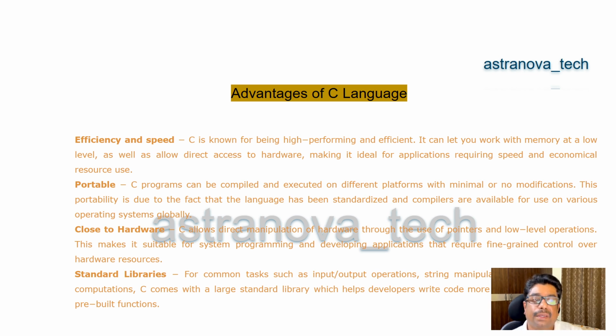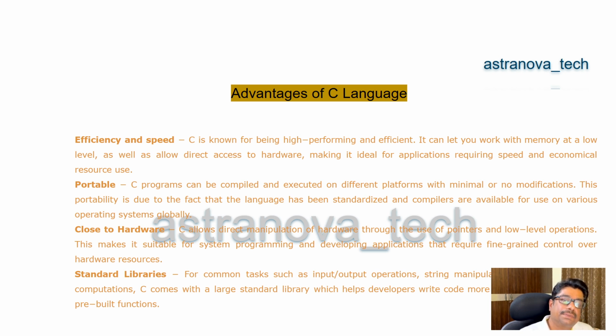Close to hardware. What does that mean? Direct manipulation of hardware through the use of pointers and low-level operating system operations. This makes it suitable for system programming and developing applications that require fine-grained control over the hardware resources.